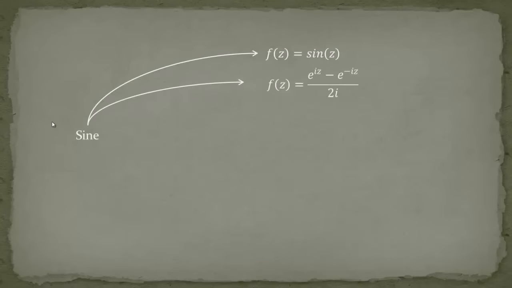It writes down the sine function as a difference between two exponentials. The one exponential is e to the iz, and then you subtract e to the minus iz, over 2i.